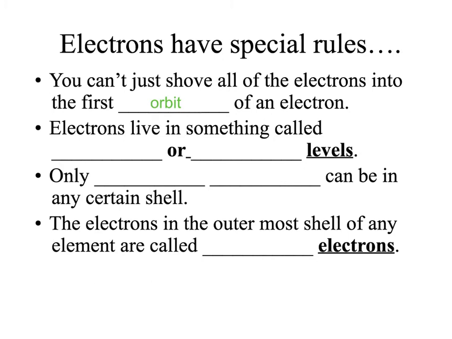So electrons live in something called shells or energy levels. And like we said, we can't just shove all of the electrons into one of those orbits or energy levels. Only so many can be in any certain shell. The electrons that are farthest away from the nucleus, that are in the outermost shell of any element, are called valence electrons.